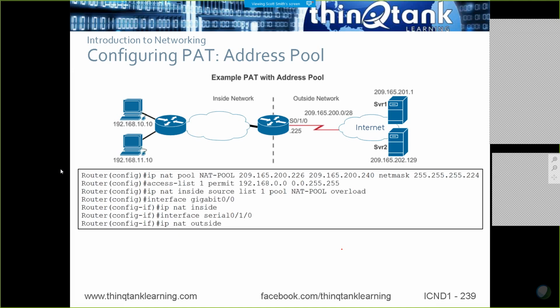It says overload. Overload, exactly. That is the key to this entire configuration. Because with overload, what are we saying? We're saying, okay, I want to use the 226 address more than once. In fact, I want to use the 226 address over and over again until I've run out of port numbers.